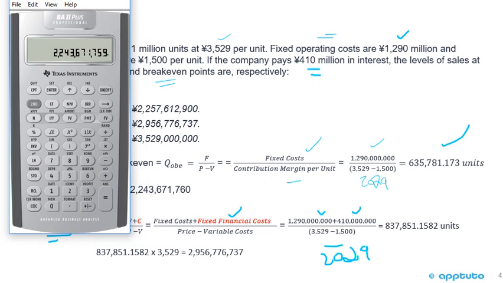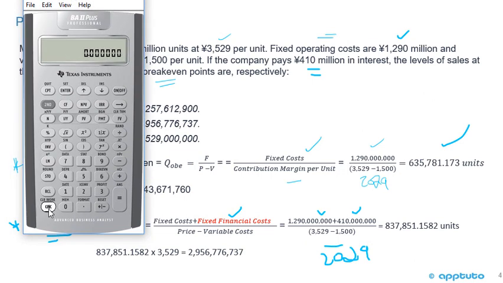If I bring up the calculator again, we'll do this very quickly. I'll move it over to the left-hand side and clear it off. So 1,290, and that's in millions, 1, 2, 3, 4, 5, 6, plus our interest, 410 million. So 410, then just 6 zeros: 1, 2, 3, 4, 5, 6. That's how I always remember it. And so I've got my numerator.